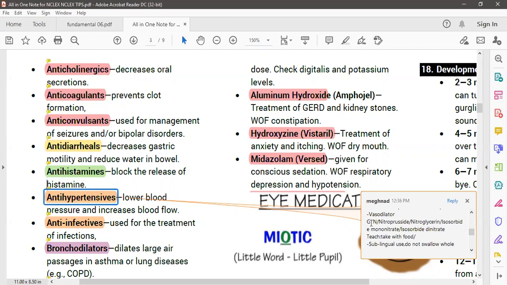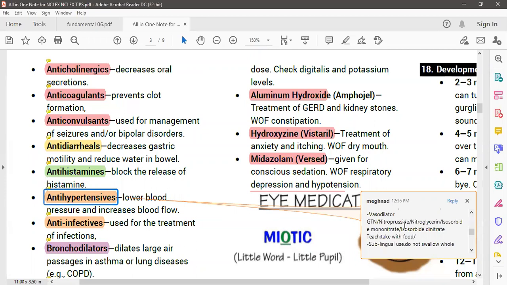We use GTN, meaning glyceryl trinitrate, or nitroprusside, nitroglycerin, isosorbide mononitrate or isosorbide dinitrate. So keep in mind, all vasodilators have common side effects.